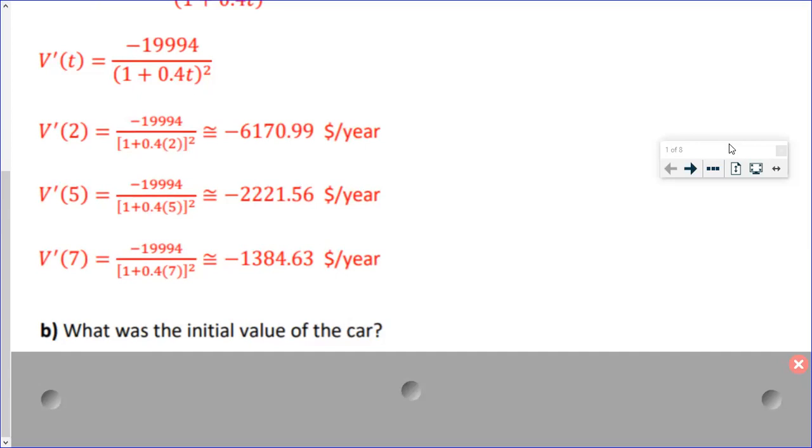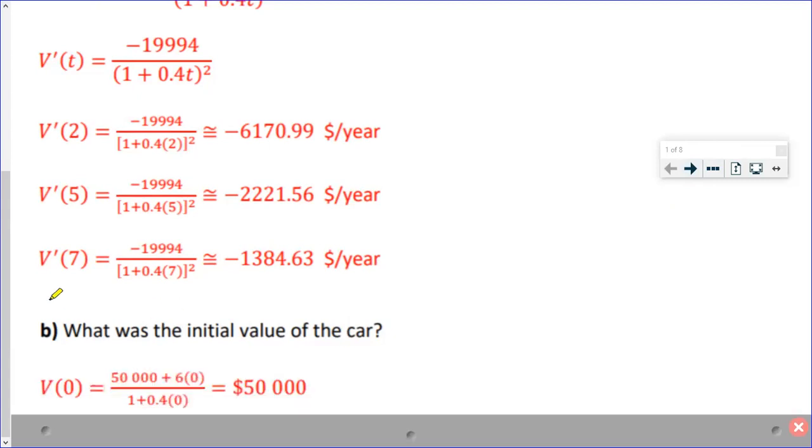Anyone? Yes, Carl. Yes, perfect. t is equal to 0. Before you drive off that lot, what is the value of the car? t equals 0 into not the derivative function, but the original function that we were given.